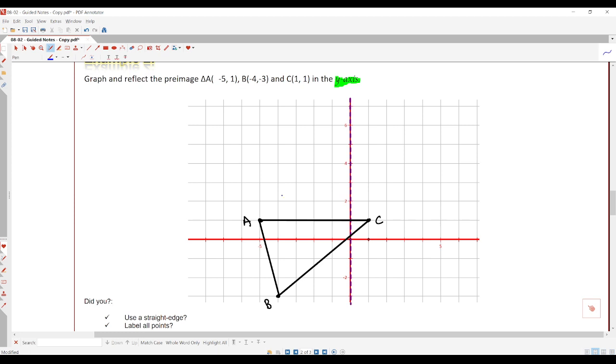All right. So to reflect it in the y-axis, let's see here. A is what? 1, 2, 3, 4, 5 away from the y-axis. So I'm going to go 1, 2, 3, 4, 5 in the other direction to get A prime.